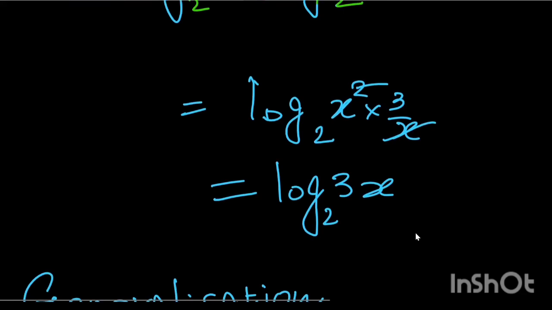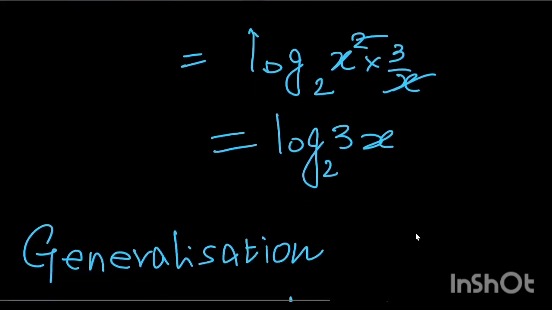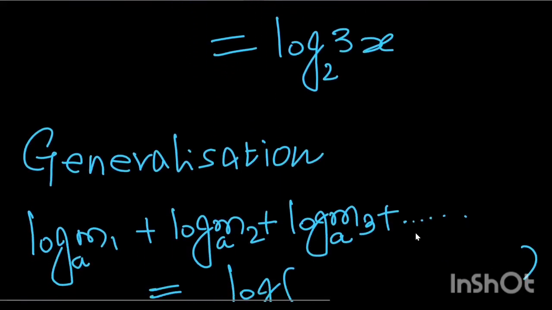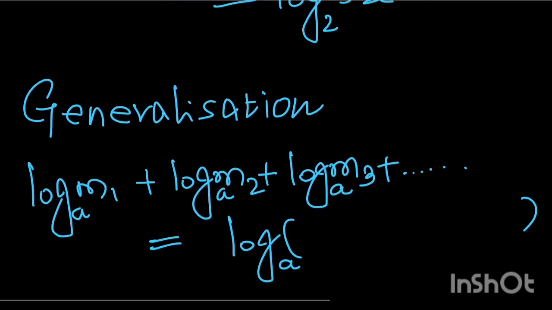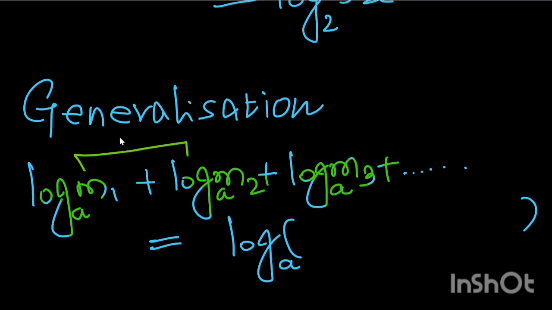Now what is the generalization of this? Generalization of log m1 plus log m2, base is same here, plus log m3 and so on till log mn. In a similar way, if you take these two and apply the property, you will get log m1 m2.